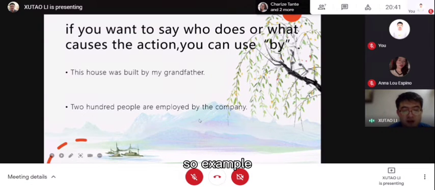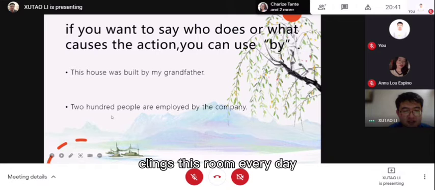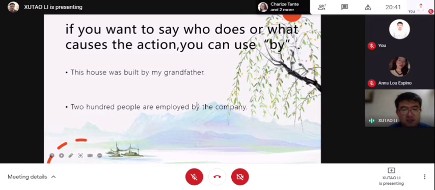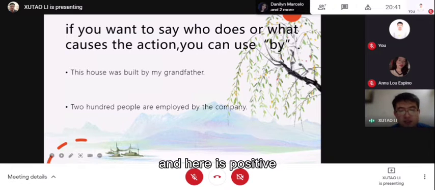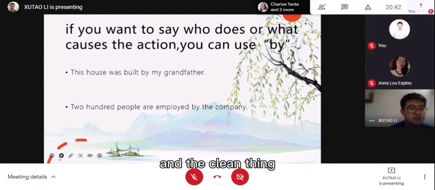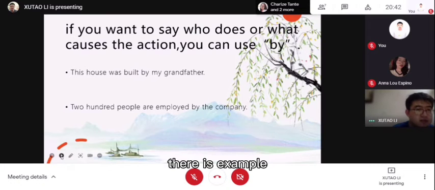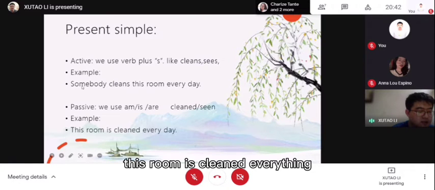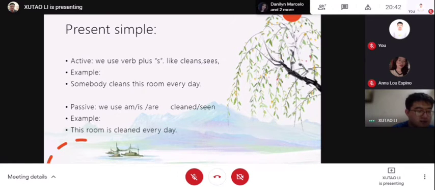So for example, somebody cleans this room every day. And here is passive. We use am, is, are and the past participle, cleaned. Here is an example. This room is cleaned every day.